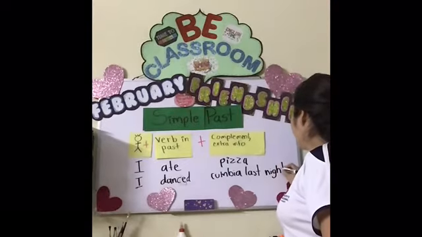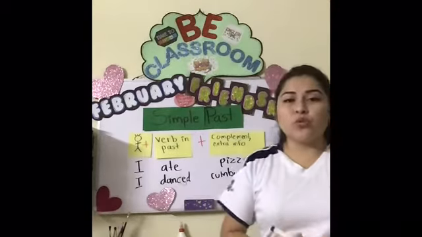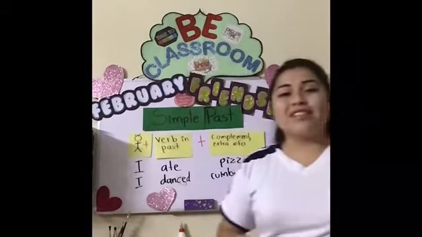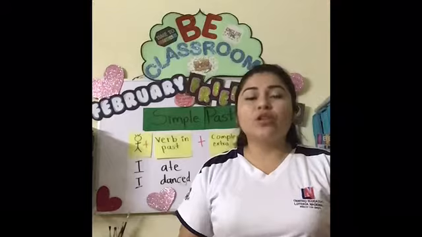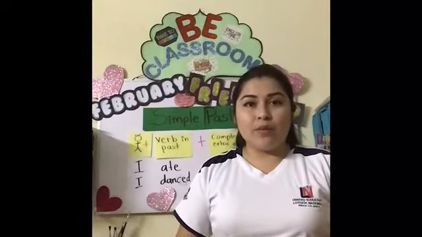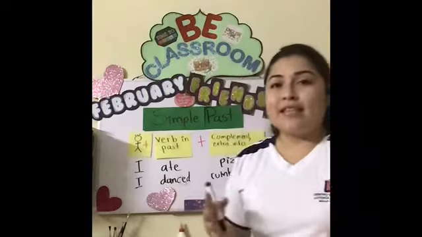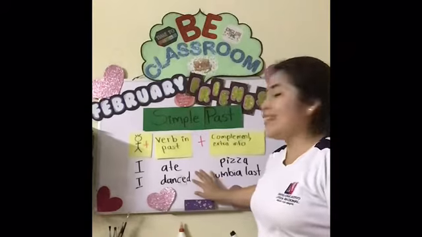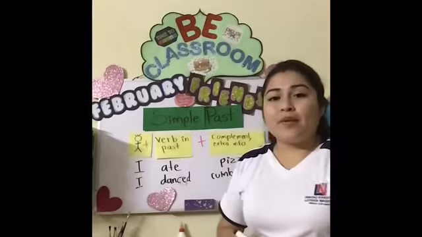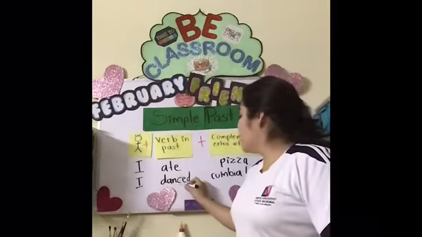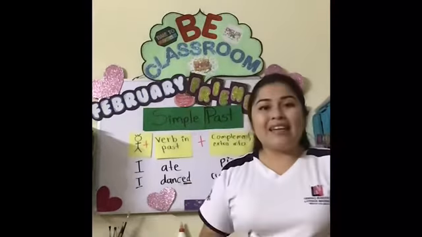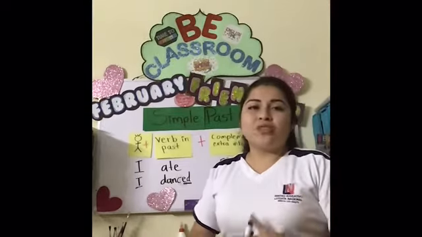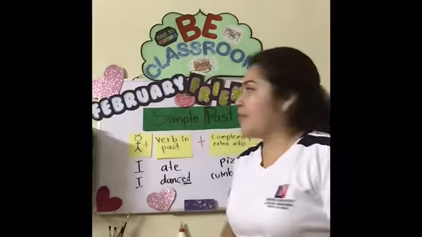Remember that we use time expressions like last night or yesterday, last month, and we talk about simple past. In this case, we have an irregular verb and we have a regular verb. Remember, regular verbs we only need to add ed at the end, but with irregular verbs you need to use the list of verbs. Okay?